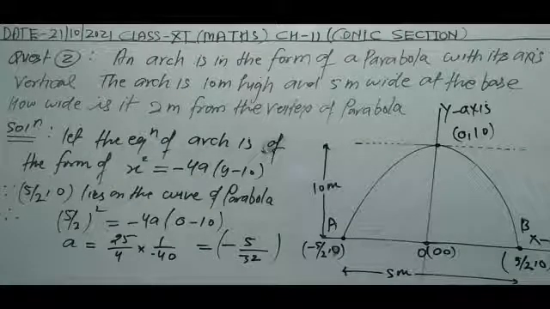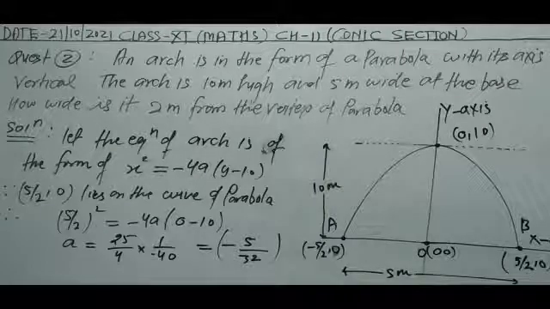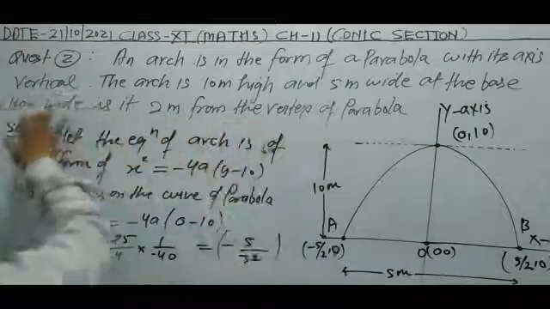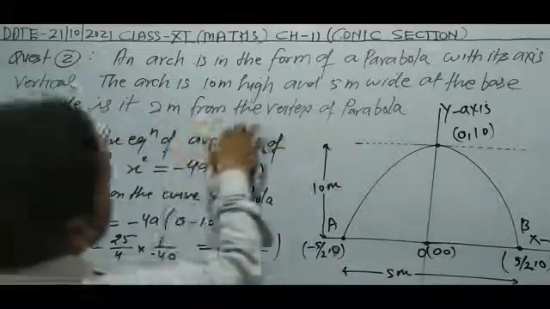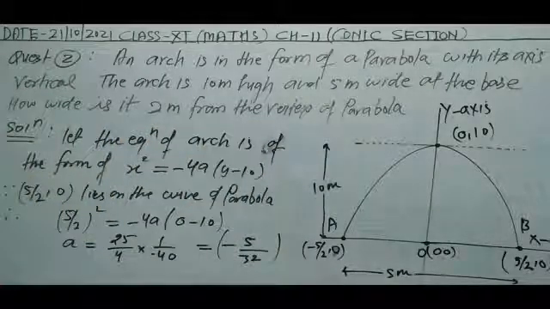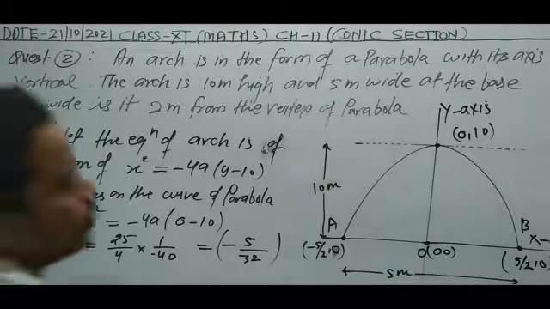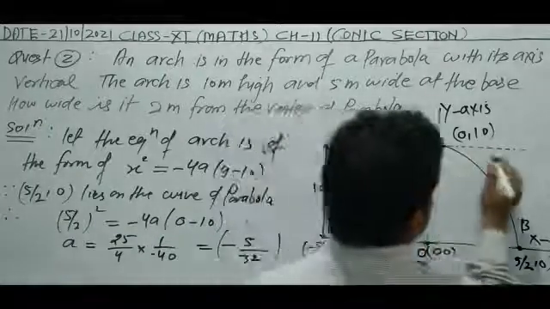Now you will see, we have to find out how wide it is 2 meters from the vertex of the parabola. So you can consider 2 meters from the vertex of the parabola.